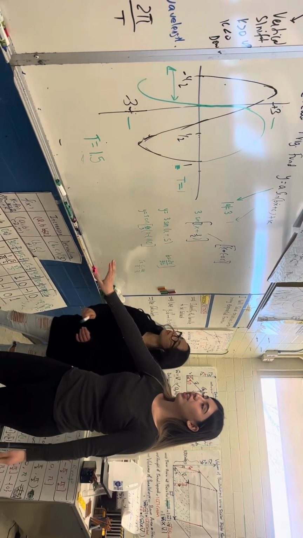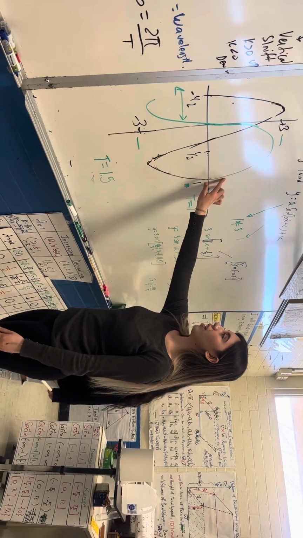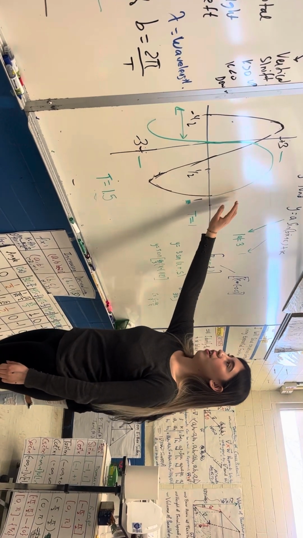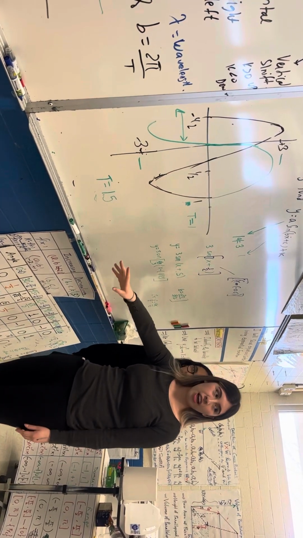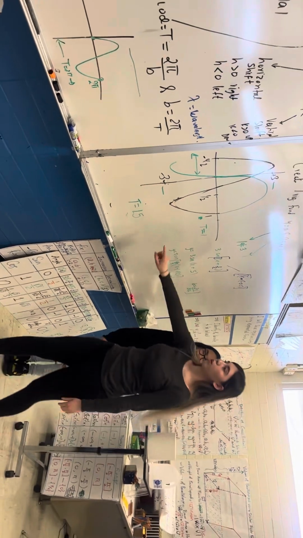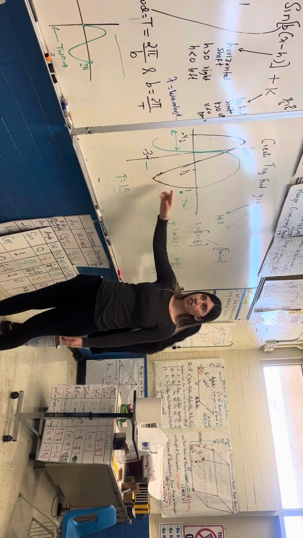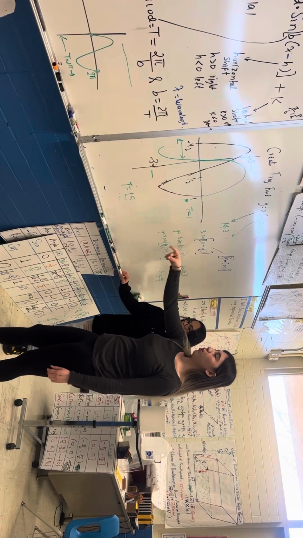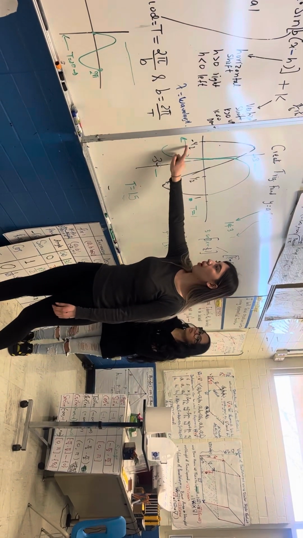We had to look at the graph. This green one is the original sine graph. We put that there so we could see how the one we were given changed from the original one. And we saw that it moved over to the left by half.